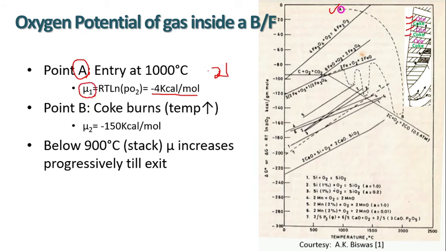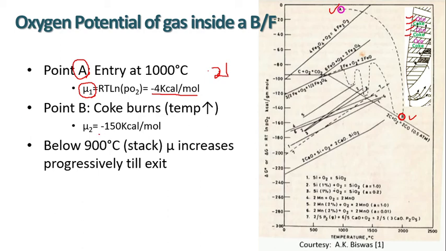At point B, the blast strikes the coke and burns in front of the tuyeres. When coke burns, the temperature increases, carbon monoxide is generated, and the oxygen potential decreases.